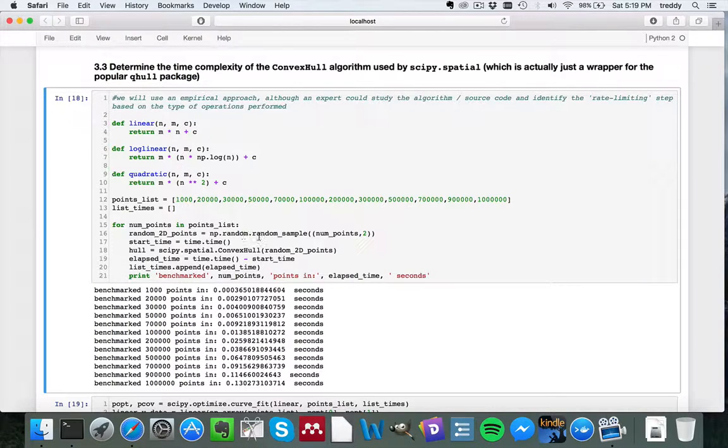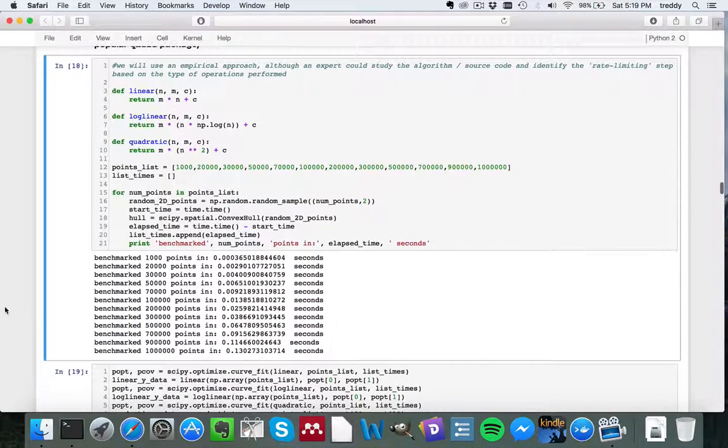We're going to generate a random set of points in the plane, and very crudely do a single measurement at each number of data points using SciPy spatial convex Hull to generate the Hull instance. Just generating the Hull instance actually runs the calculation. And we'll just rerun this code.